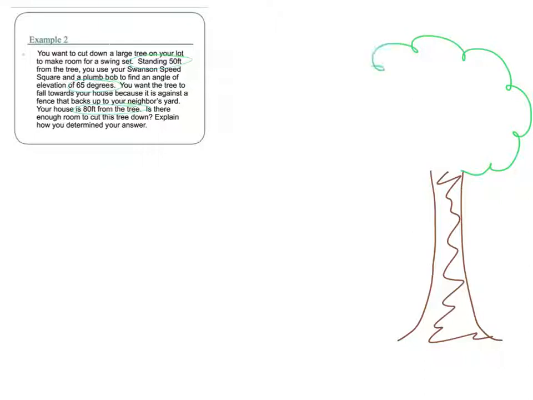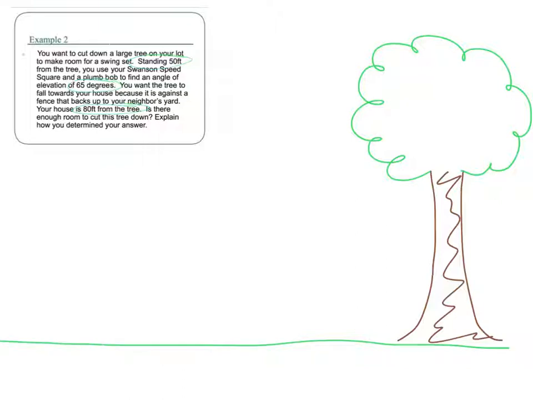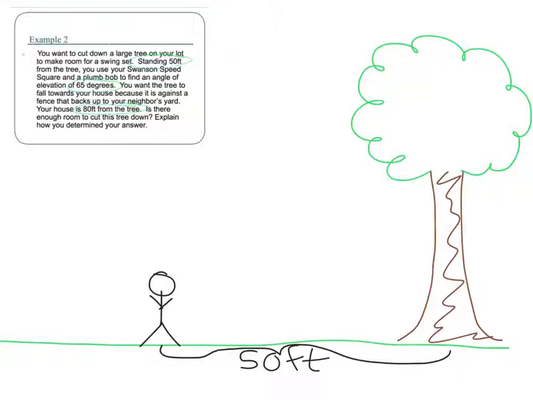Maybe it's springtime, right? Okay. So here's our grass, and you are standing 50 feet from the tree. We'll draw you. And you see the angle of elevation of 65 degrees, okay?